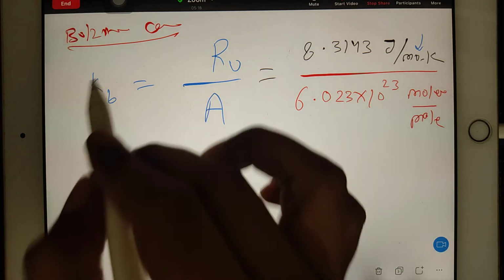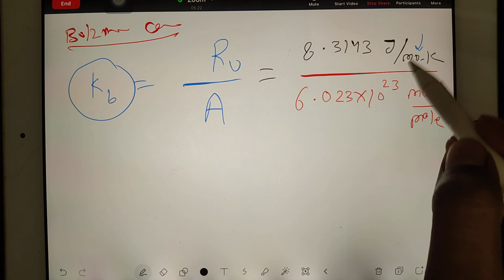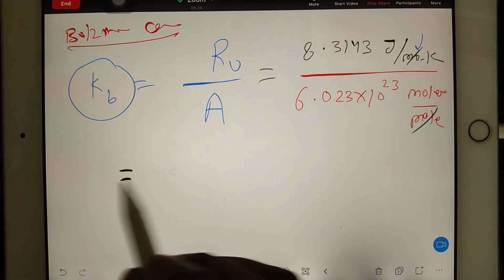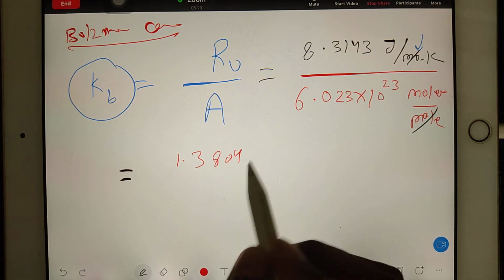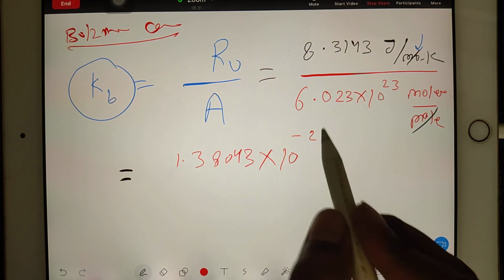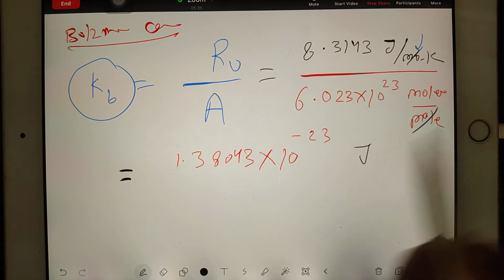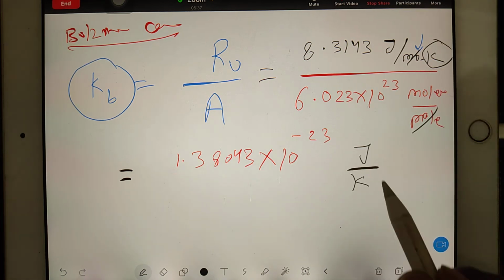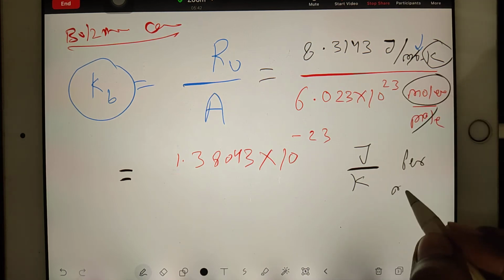This is your Boltzmann constant. If you cancel mole and mole, you are left with another new number, 1.38043 into 10 to the power minus 23. Unit-wise, joule is remaining, per Kelvin is remaining, and per molecule is remaining.